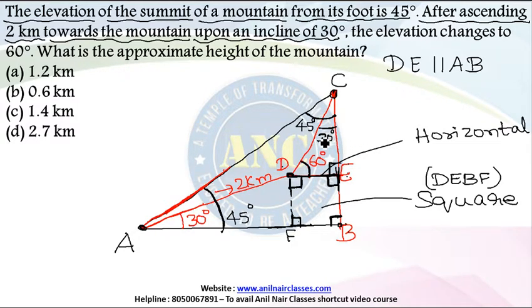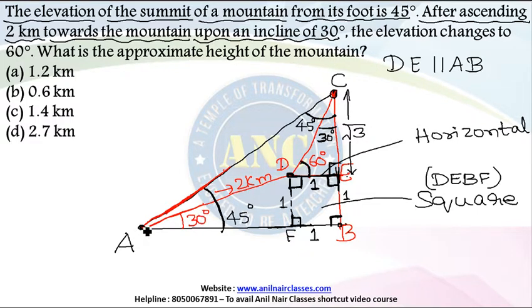If this is 30, opposite to 30, if I call DE as 1 unit, then opposite to 60, CE value will become √3 units. Similarly, if DE value is 1, then DF value also will become 1 because it's a square. EB value will also become 1, it's a square. BF value will also become 1, it's a square again. That means all these sides are 1 unit.